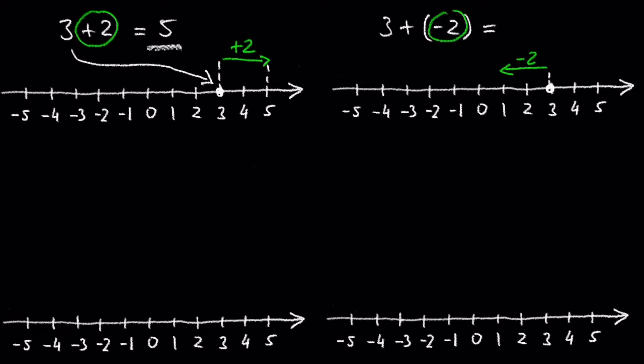The number directly below the tip of the arrow is 1. So 3 plus negative 2 is 1. By the way, adding the opposite of a number, like in this example, is also called subtraction.